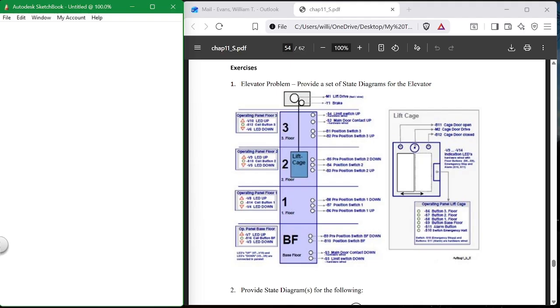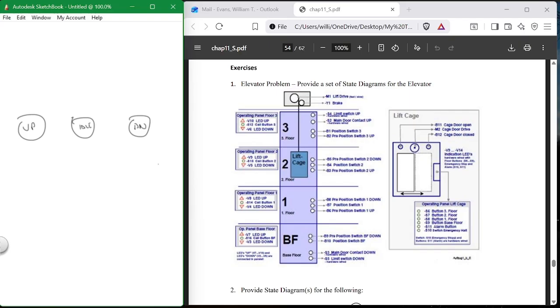If you design around a very simple philosophy, you would say that it is either going up, going down, or idle. Okay? And you can go this way, this way, this way, and all that kind of stuff. But that's a very simple diagram of the basic philosophy of how this thing works.